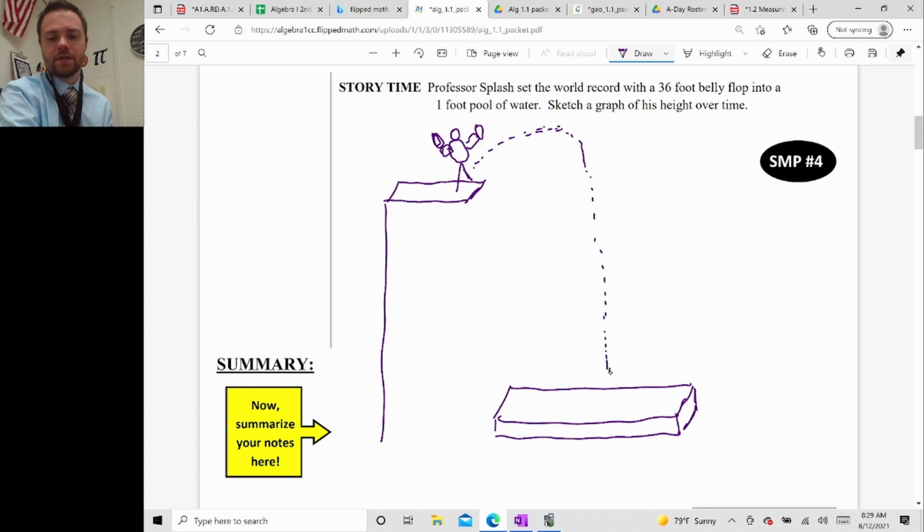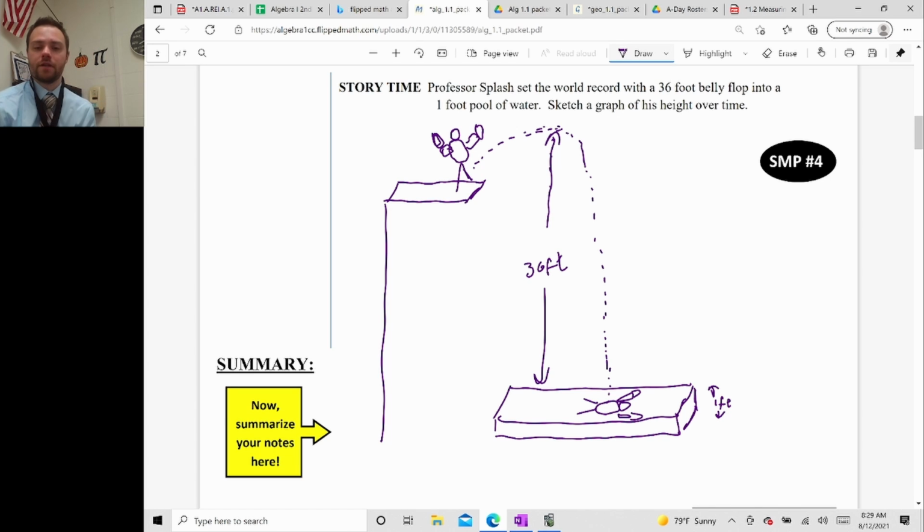And then there he is, and he just splats. He's got skinny legs, like me. And he just hits the water. So we're saying that this distance here is 36 feet. And then this distance down here is 1 foot. So that's kind of what we're getting into.